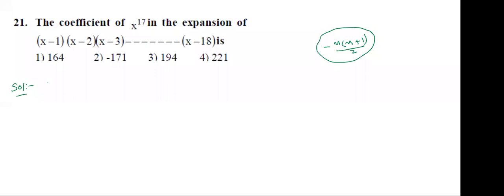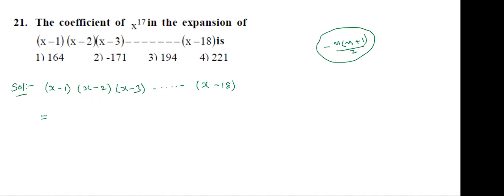Okay, so here (x minus 1) into (x minus 2) into (x minus 3) into, how many terms are there? 18 terms. That means the polynomial equation has 18 roots. That means this is an 18th degree polynomial equation.